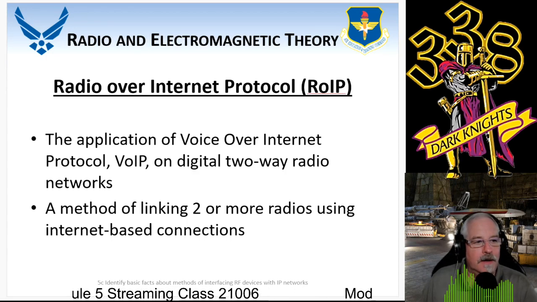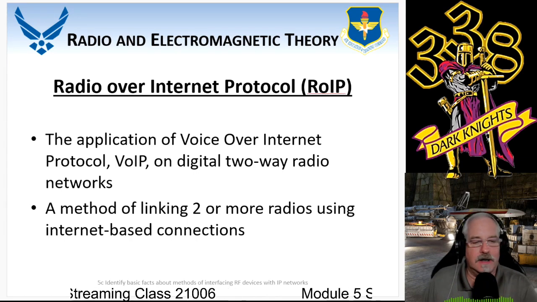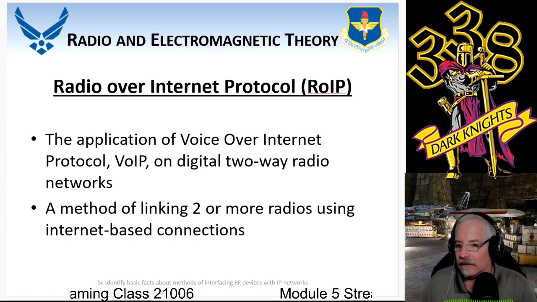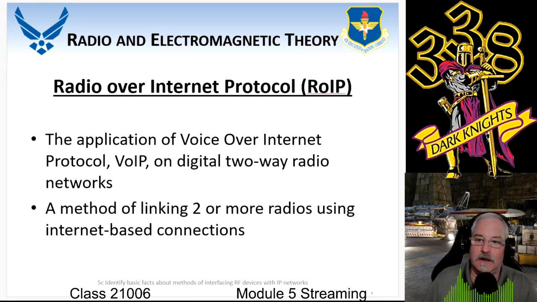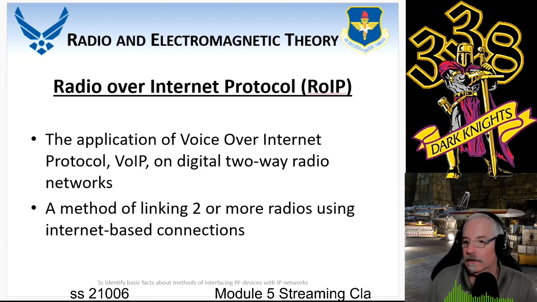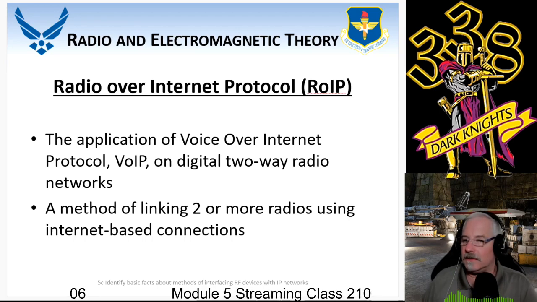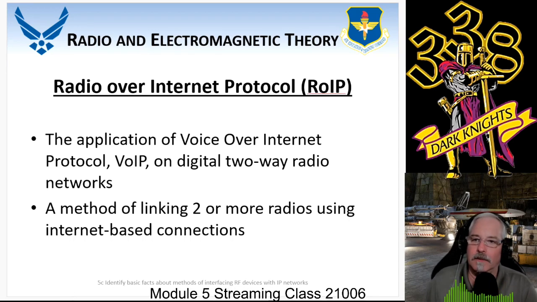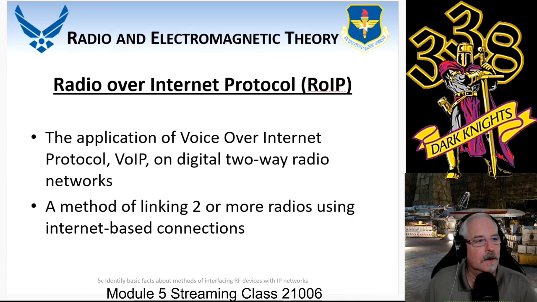There is a method of linking two or more radios over internet based connections. You can connect through the soft console to a repeater if necessary. You can direct it to another base station if necessary. But these are just methods in how you're able to make that communication through RoIP.